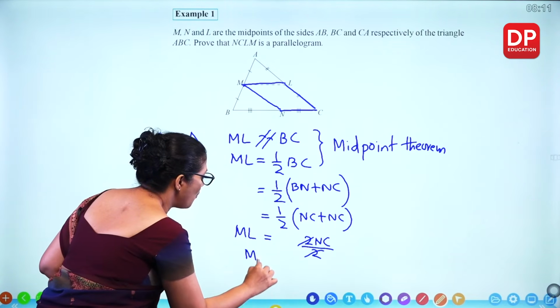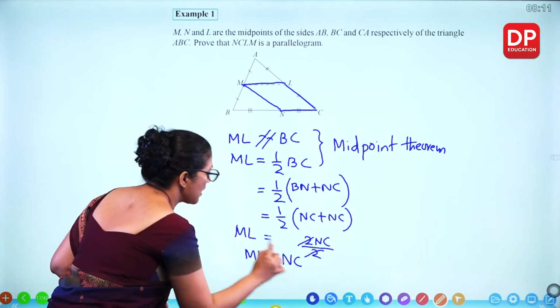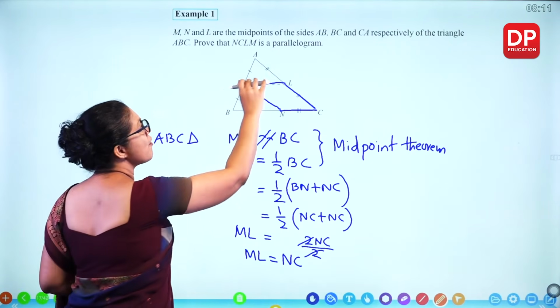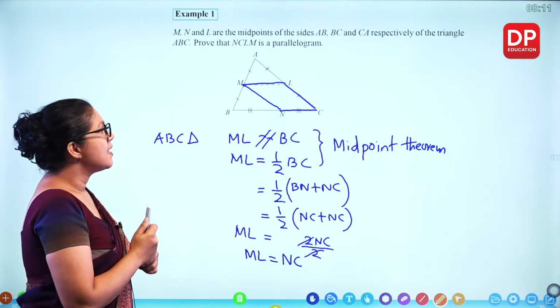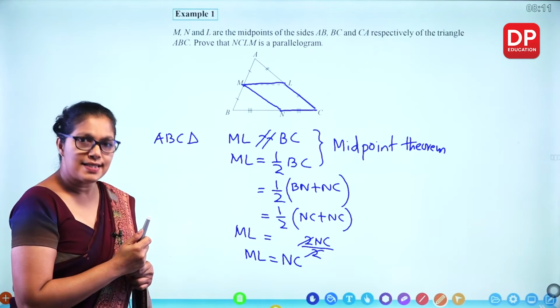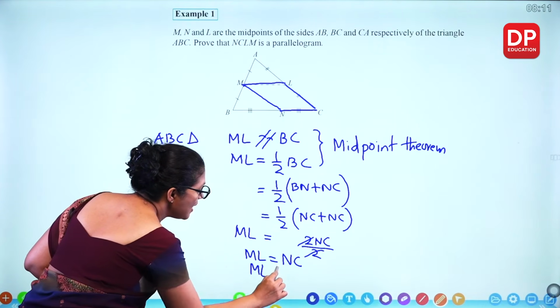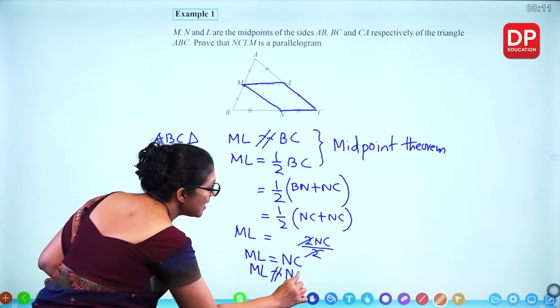Now, we know that the pair of opposite sides are parallel as well as equal. So ML is equal to NC, ML is parallel to NC.